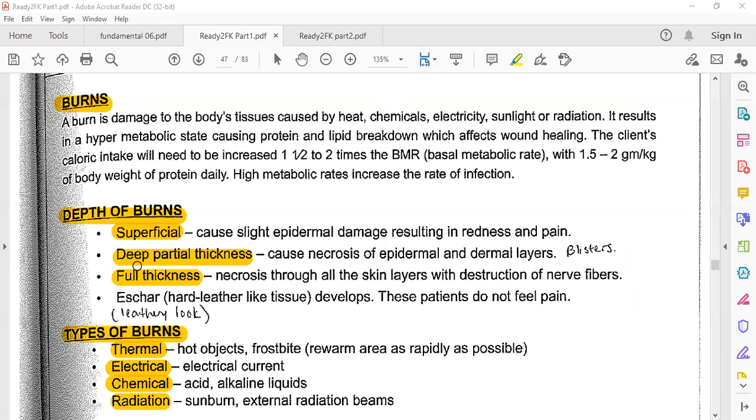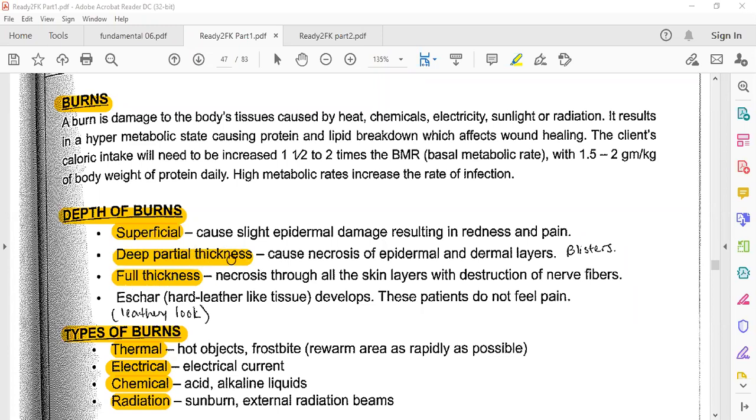The second one, second degree, we call deep partial thickness burn, or second degree. Some books categorize this as superficial partial thickness and deep partial thickness.